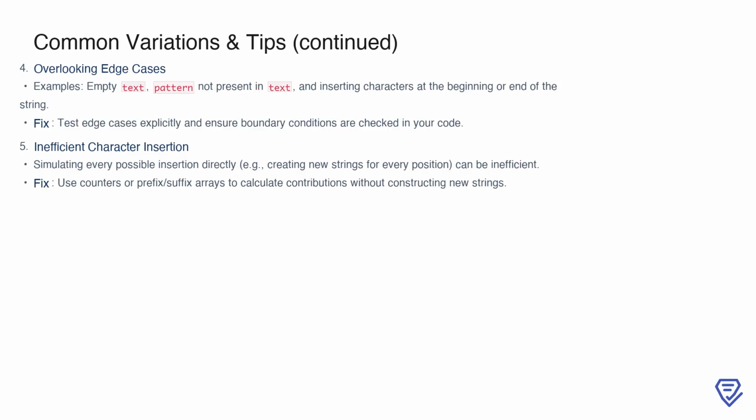Additionally, character insertion can easily become inefficient if you simulate every possible insertion by creating new strings for each position. This approach can rapidly become computationally expensive. Instead, you can use counters or prefix and suffix arrays to calculate the contributions of potential insertions without actually constructing new strings. These optimizations not only improve performance but also simplify your implementation.